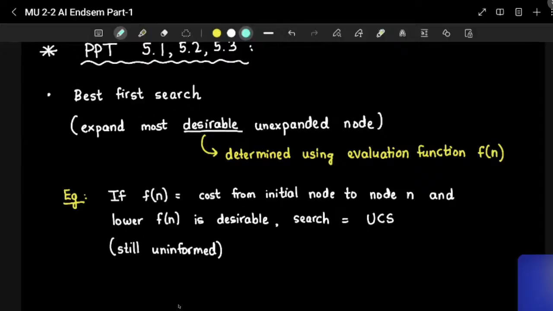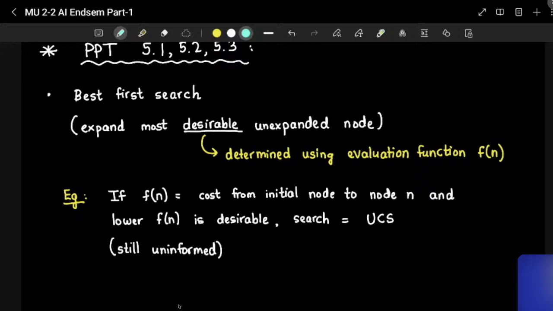But I'll give you an example that is familiar. So let's say f of n is nothing but the cost from the initial node to the current node. Then that would make this best first search the UCS algorithm, because how does UCS work? Uniform cost search.